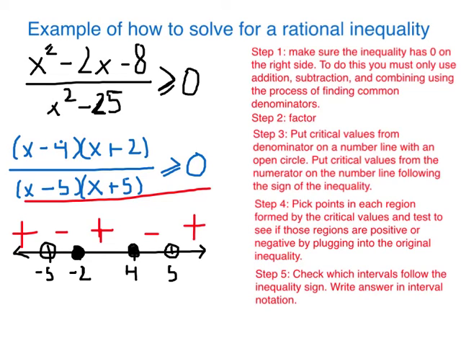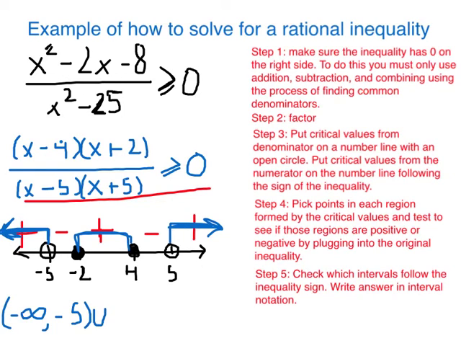So then our graph becomes the positive intervals. So then as interval notation we get negative infinity to negative 5. We don't include negative 5, so that's a parenthesis.